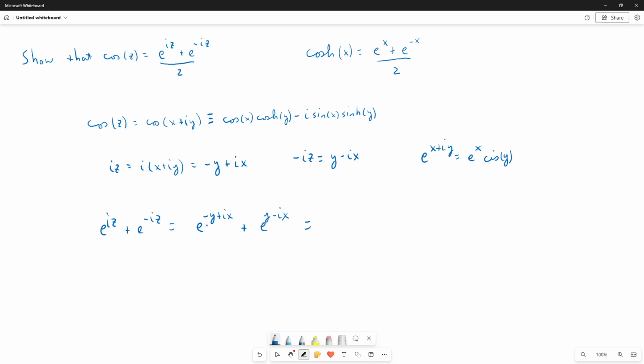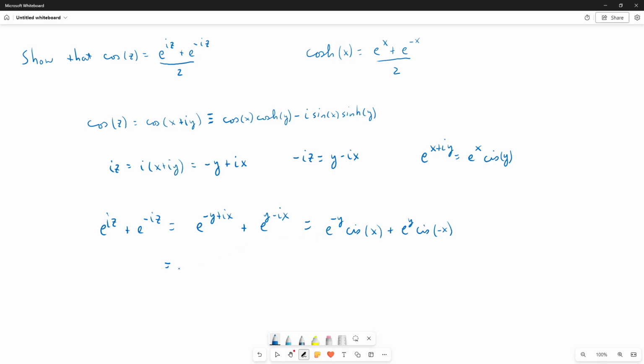Let's add those together. So using e to a complex number, e to the real part, cis imaginary part, we get here e to the negative y times cis x. And then plus, we get e to the y times cis negative x.